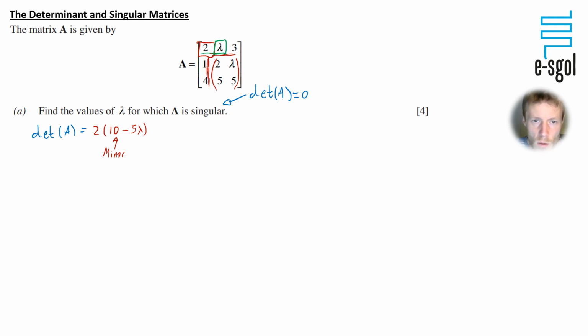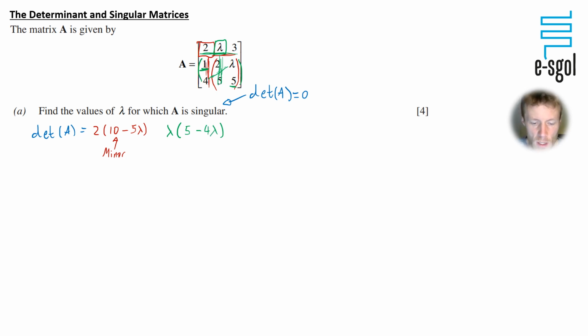So we're ignoring this, and we're ignoring these here, and we're thinking about this 1 times 5. So we've got lambda times the determinant of this other matrix here, and we're ignoring these two in the middle. So 1 times 5, that's 5. Take away 4 times lambda, because I'm looking at these two here. Take away 4 lambda.